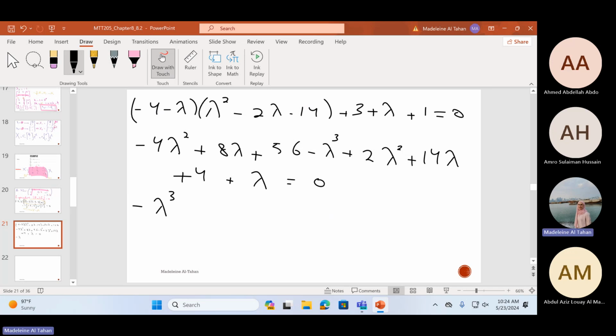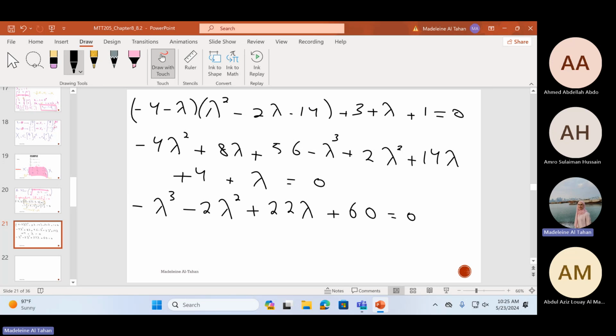Negative lambda cubed. For lambda squared, we have negative 4 plus 2, so negative 2 lambda squared. For lambda, we have 8, 14, it means that we have 22, and we have 1, so 22 lambda. For the constant, we have 56 and 4.